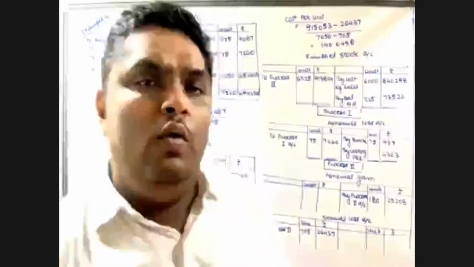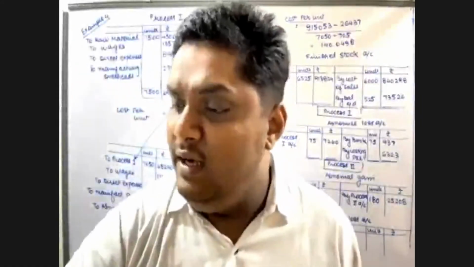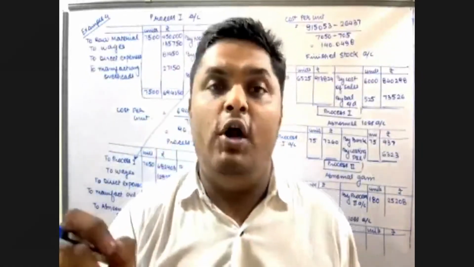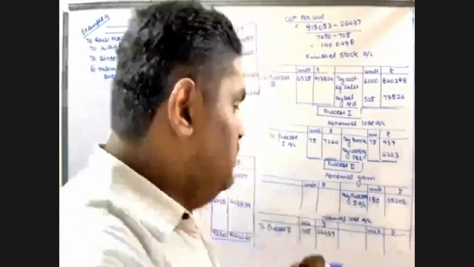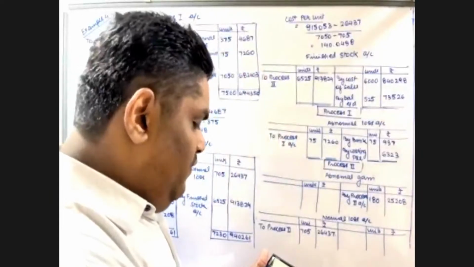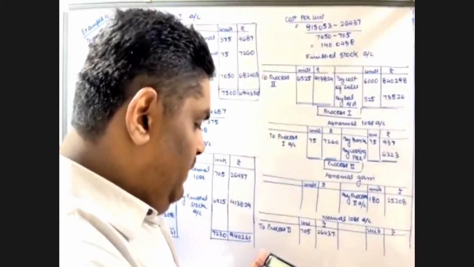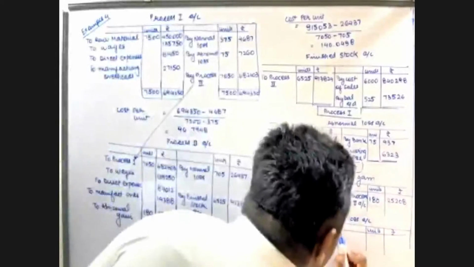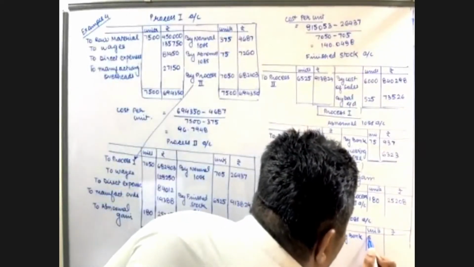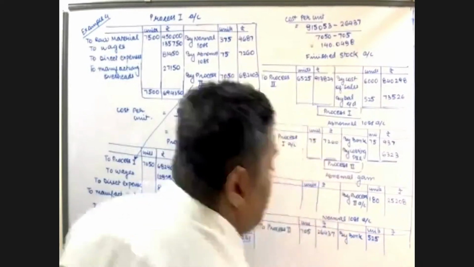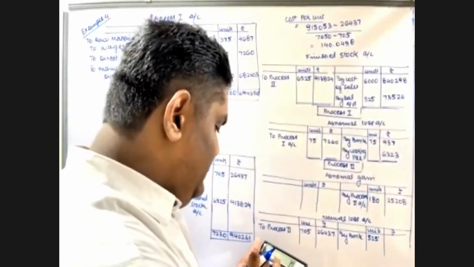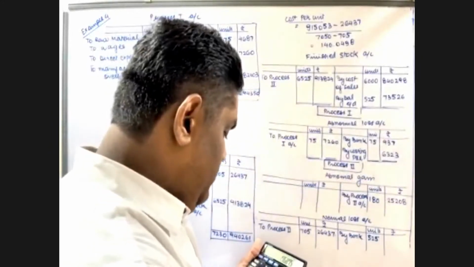Now, as I told you, what is abnormal gain? The saving in normal loss. So the units that are actually sold is only 705 minus 180, that is only 525 units are sold in the market at the same rate, that is 37.5.